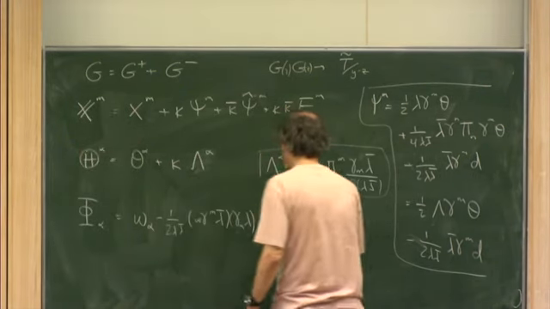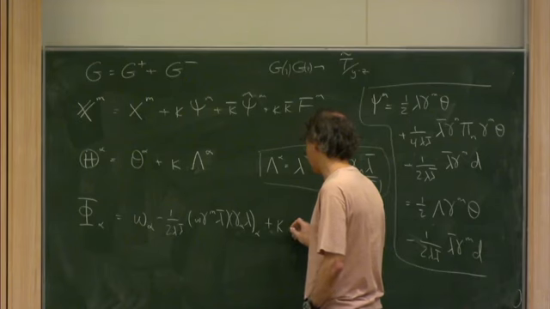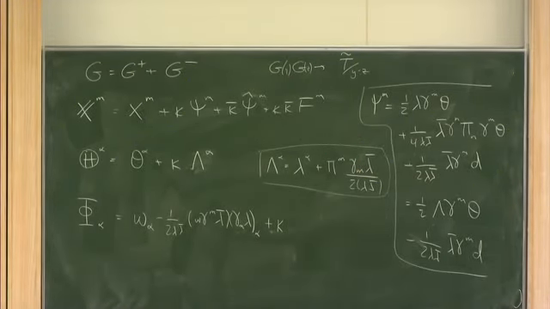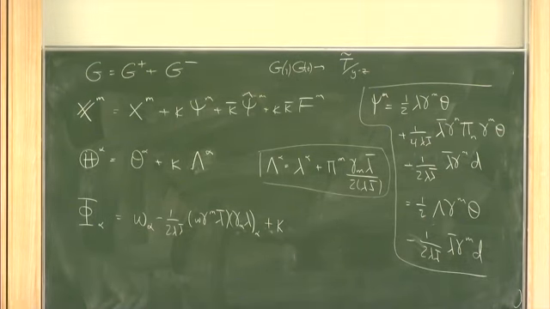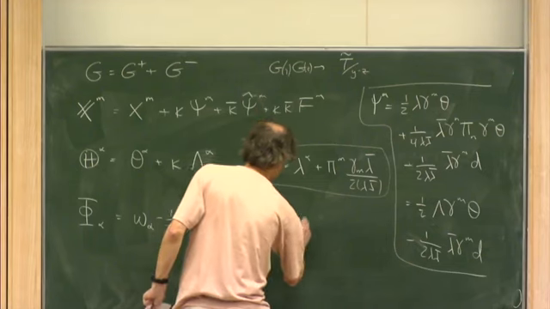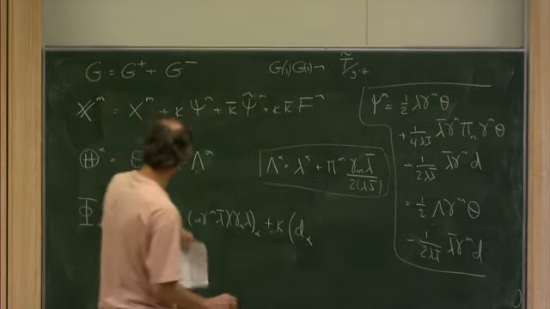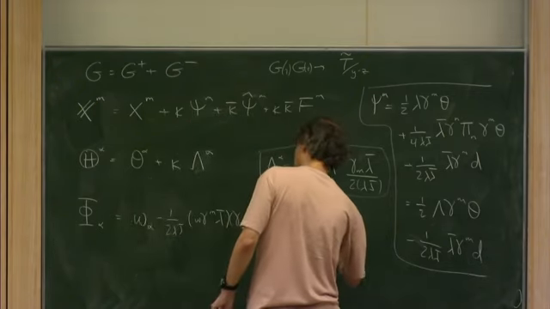And then if you do the variation of it, you find that it only gets a contribution from G plus, and it just gives you D alpha. But you have to subtract off this term because both of these contribute to give you a D alpha.